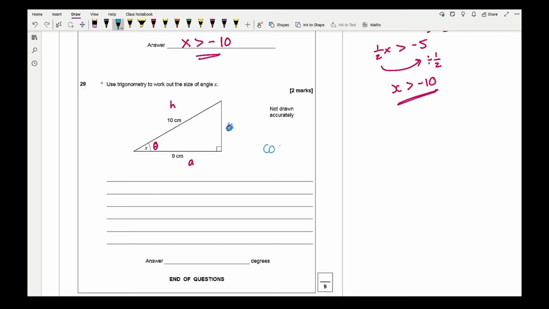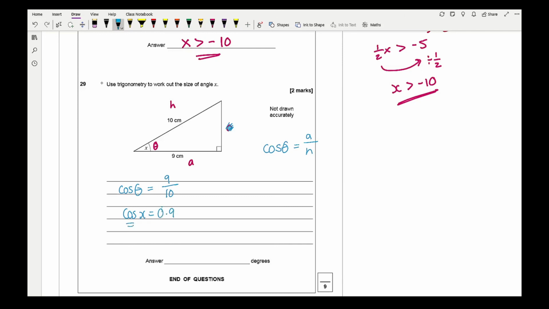So I've got cos theta equals A over H. So cos theta, or cos x, equals 9 over 10. So I've got cos x equals 0.9.